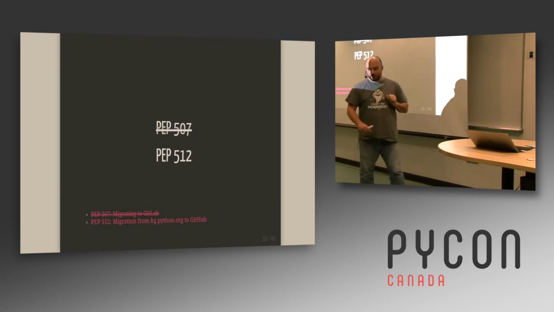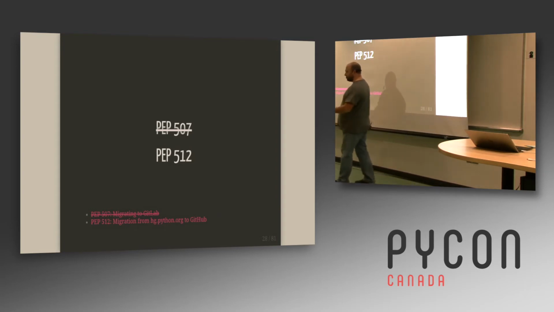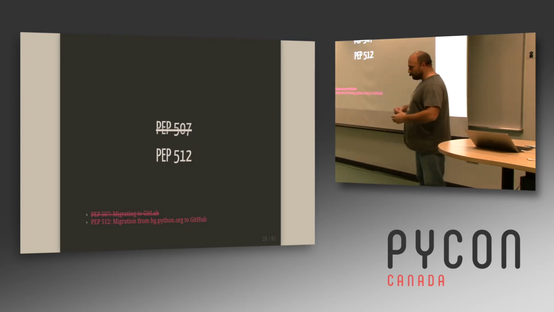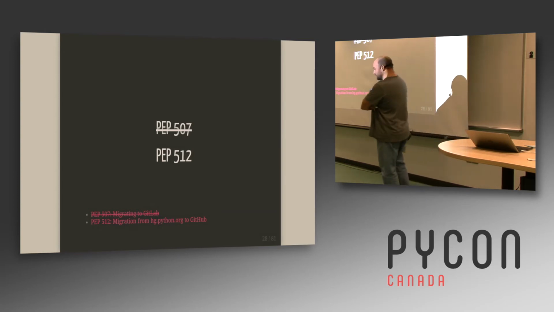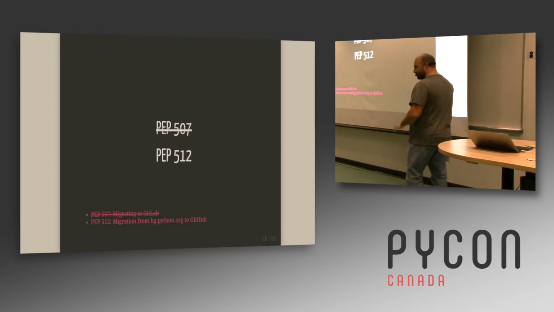"No." "Maybe we go to CVS." "No." "Oh, Visual Source stuff." "No." Could we keep Mercurial? But no, we are using Mercurial. Maybe we could go to Git. Oh yes, why not? Okay, and no, don't worry about that.